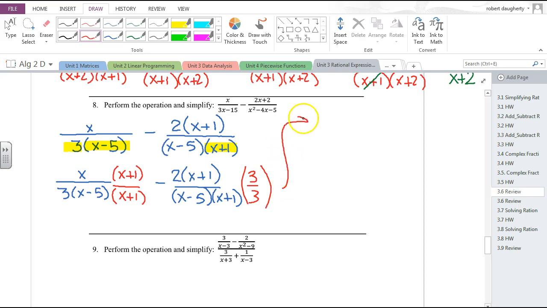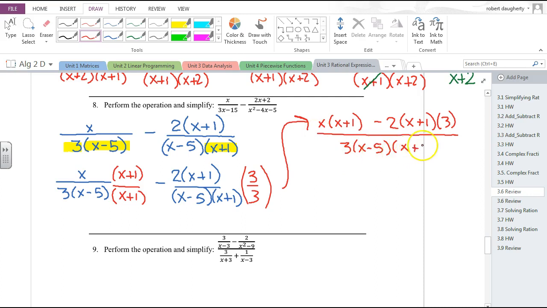So if I come over here, on the top I'm going to have x times (x plus 1) minus 2x plus 1 times 3. That's the numerator. The denominator is 3(x minus 5)(x plus 1). Now the goal is just to simplify with algebra. Don't make mistakes. So x times (x plus 1), that's x squared plus x.